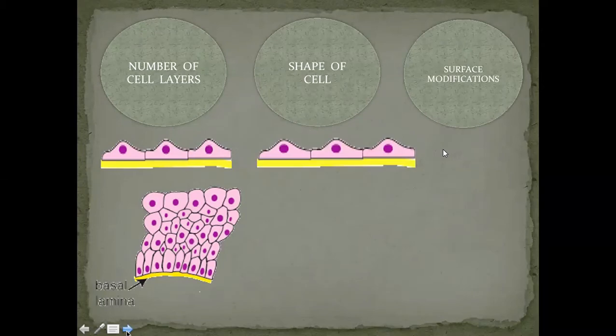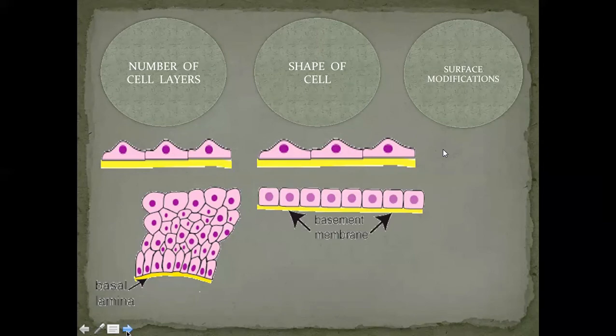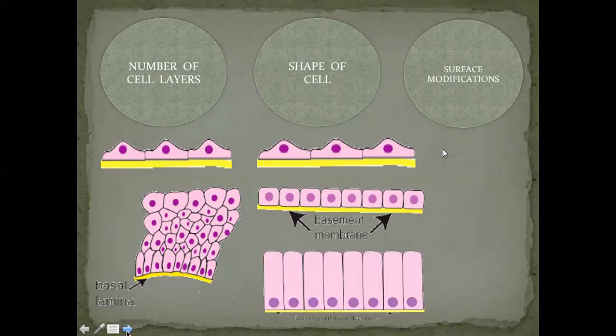The shape can be squamous, cuboidal, or columnar. Always remember, our reference point is the basement membrane. So these are the shapes of the cells: flattened, called squamous, cuboidal, and columnar.